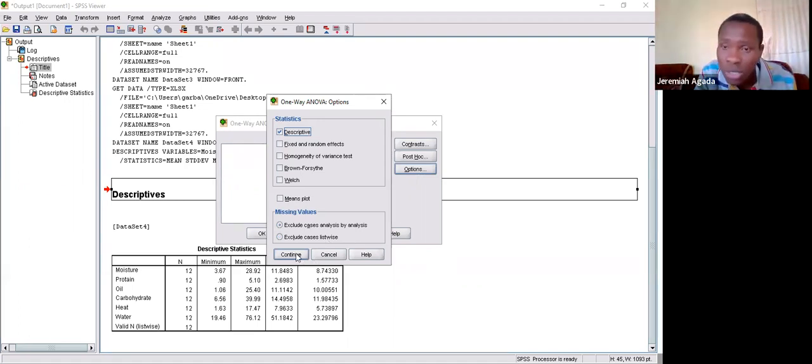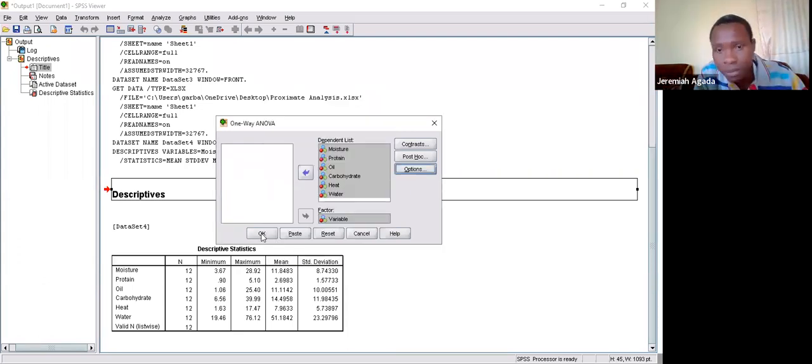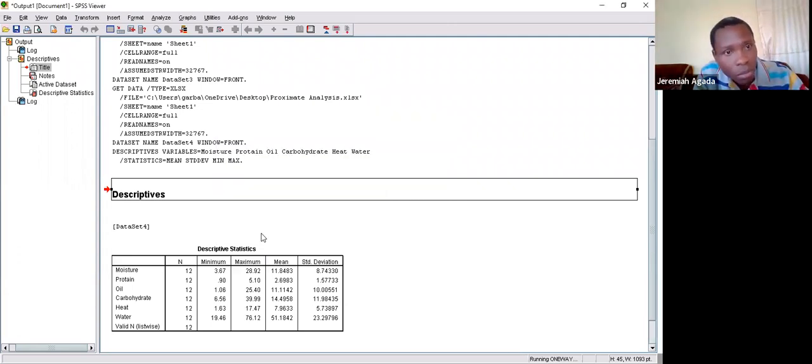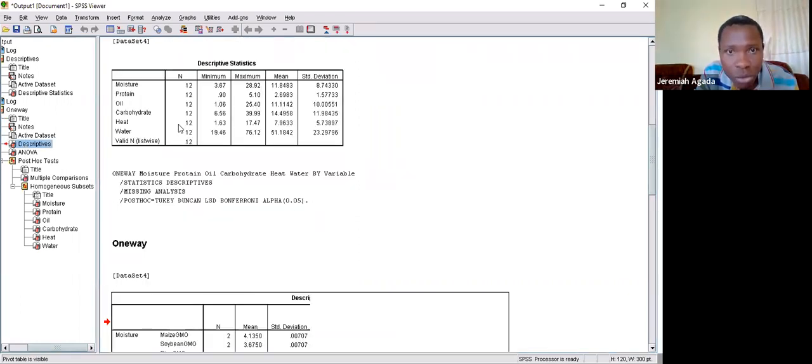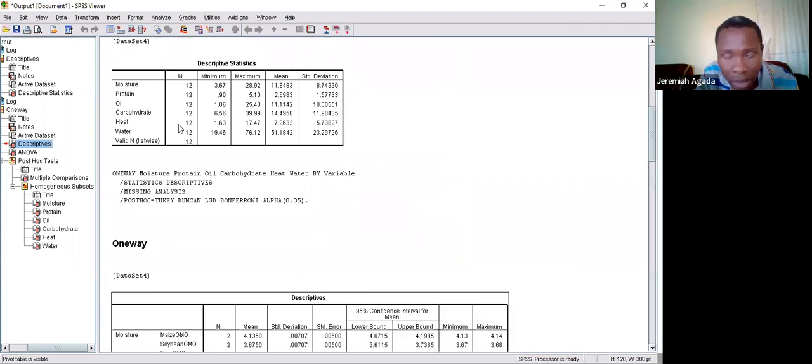So I'm going to say continue, and then okay. And let's wait for our results to come. Good. So our result is here. Look at this place. Just like in geography, this is going to be like a key that connects us. So I want to see my descriptive first. I'll tap descriptive, and then it's going to show me my descriptive.